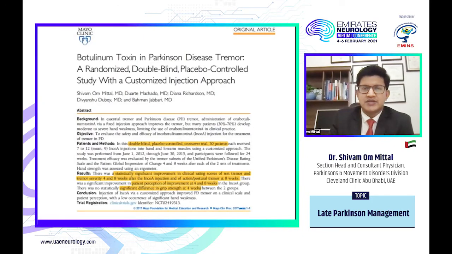The other option is botulinum toxin injection. This is the only randomized double-blind placebo-controlled study that we did when I was in the US at Yale University, and this is a very good study where you find that botulinum toxin can be offered to patients who have refractory rest tremor, which doesn't respond to levodopa medications and who cannot go for DBS surgery.